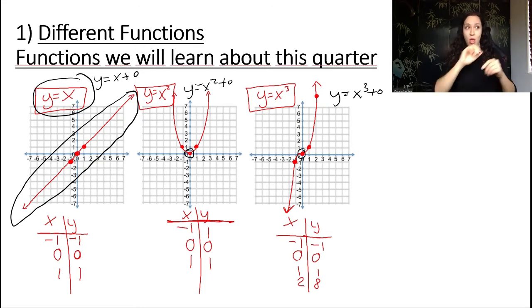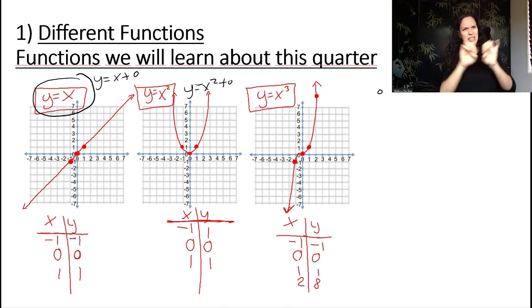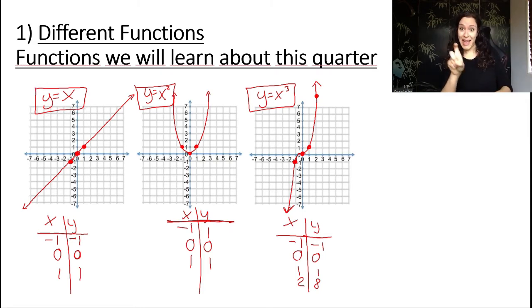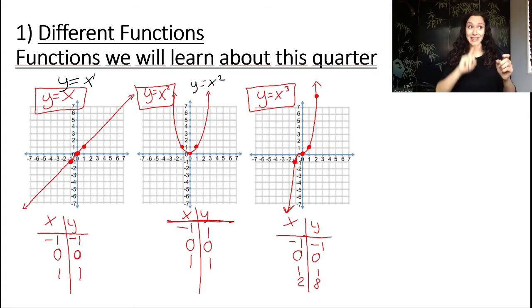But how do we know that it's an equation of a line? Well, if you look at how the x looks, you'll be able to tell. This one says y equals x to the first power. This one says y equals x to the second power. And this one says y equals x to the third power.